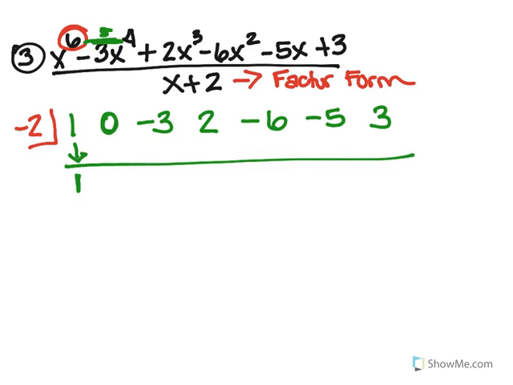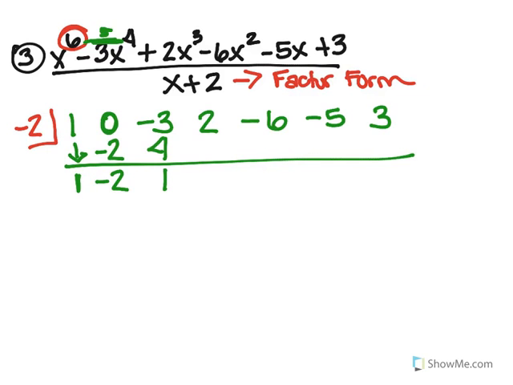And we bring down that first coefficient of 1. And we're going to multiply. Your start is by multiplying. So negative 2 times 1 is negative 2. Plus 0 is still negative 2. Negative 2 times negative 2 is a positive 4. Negative 3 plus 4 is positive 1. Multiply.